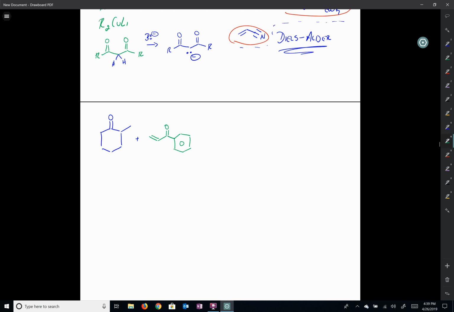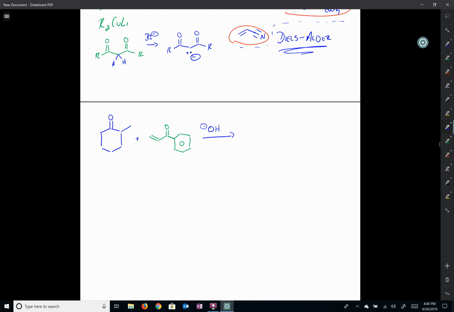Good stuff. So now to get this to work, we're going to need to add a base. You could pick any variety of bases here. Just to keep things simple, let's say that we're going to add some hydroxide to this.